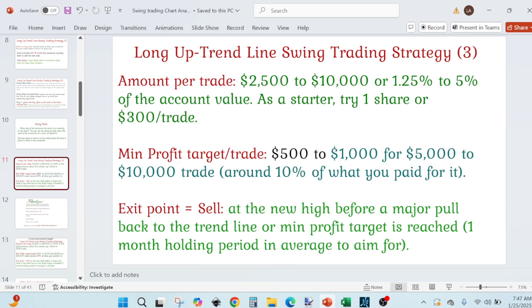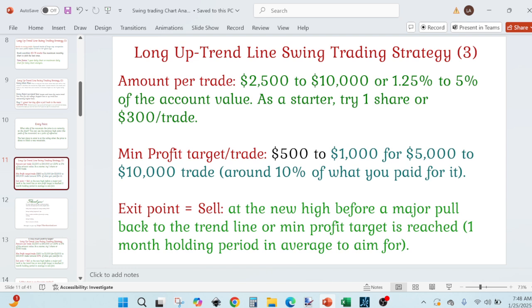But just start one share at a time, or a few hundred dollars per trade at a time, and aim for a percentage return. Whether you purchase one share or spend about $200 per trade, or higher or lower than that, take 10% of whatever you pay for the stock, and once the price increases by that amount, you can just sell it and lock it in, so that your capital plus that profit increases your account.